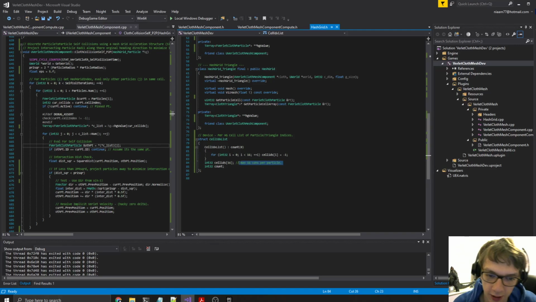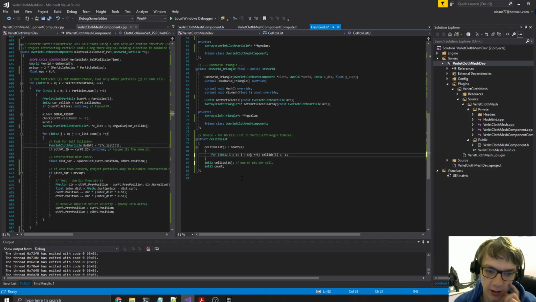So let me just note this quickly. Each cell can maybe have, I don't know, 64 particles max. So we'll have max 64 particles, and we'll hard code this.